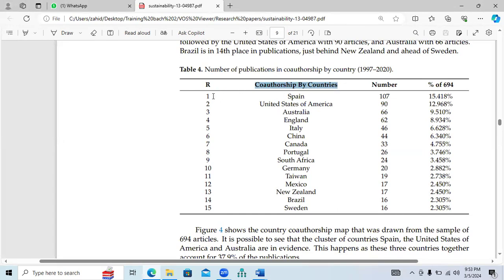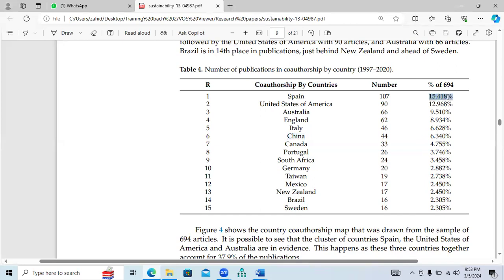This area is basically showing that Spain is ranked one in doing publication, in doing research in this area, and the second one is the United States, third one is Australia, and you can see there is no Asian country other than China doing research in this area. So in the top 15 countries, there are no Asian countries other than China.